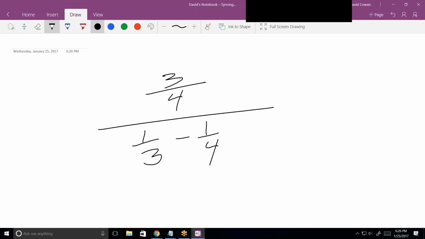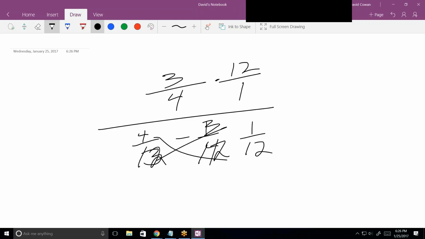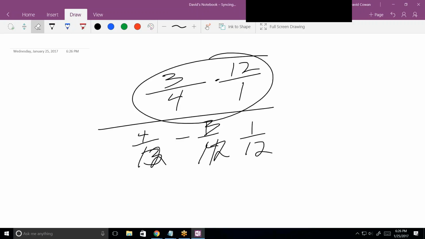I've got to combine those fractions before I can flip and multiply. And 1/3 is 4/12. 1/4 is 3/12. So this whole thing becomes 1/12. Now I can flip and multiply. Oh, yeah. And I'm fine. But I couldn't do it at the start because I had 2 fractions.